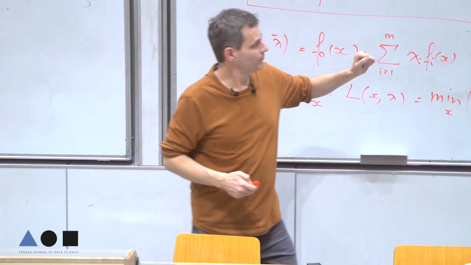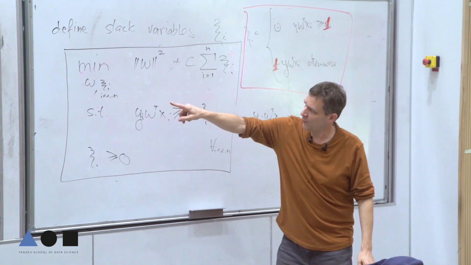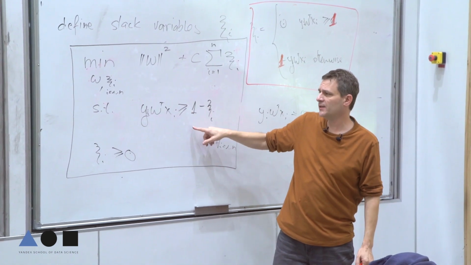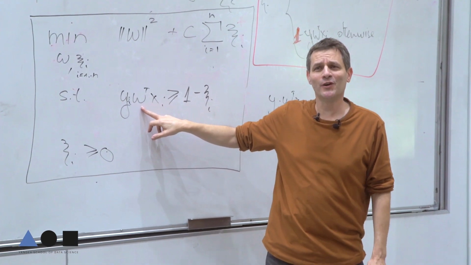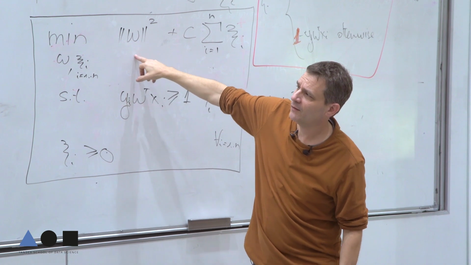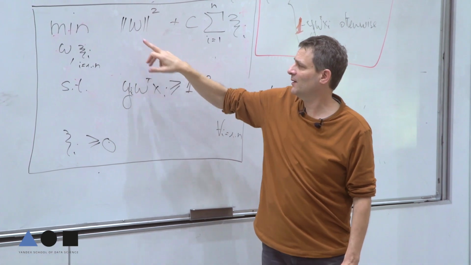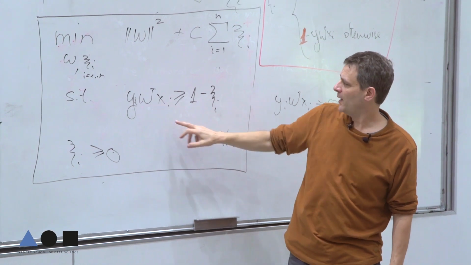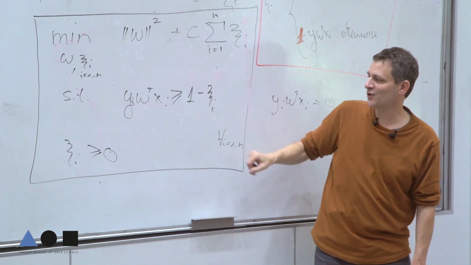For example, here you can see an instance of that case. It's a bit confusing because here the w's are your variables, but you see f is a quadratic function over the vector w. And here you have n constraints.